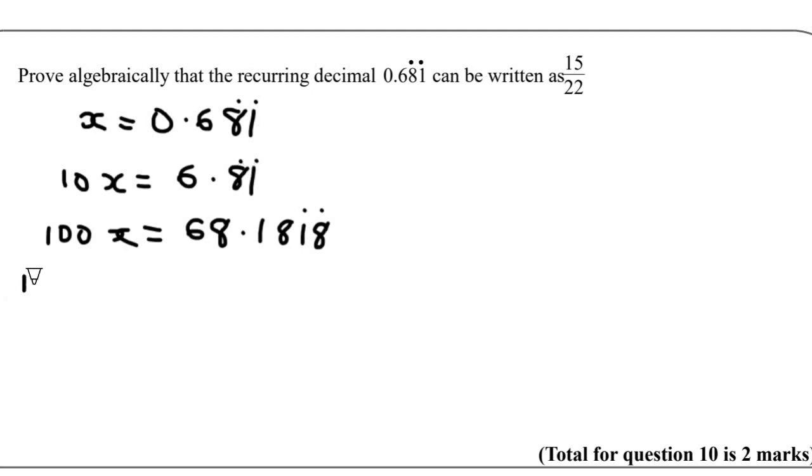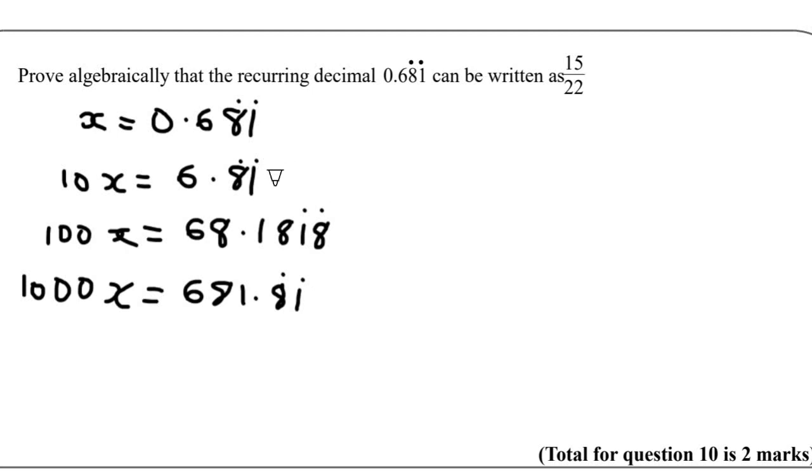So what we need to do is go further and find 1000x, which is 681. Now the recurring decimals are going to be 8181 for this case.